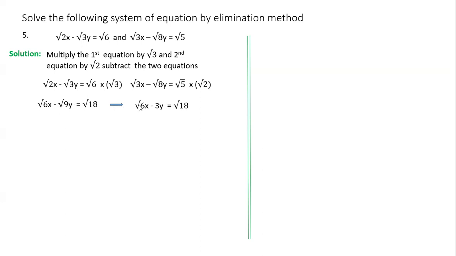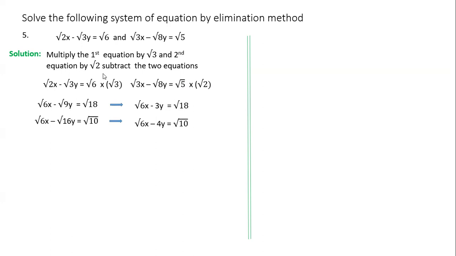So we can write this as root 6x minus 3y is equal to root 18. Let us multiply the second equation. Root 6x minus root 16y is equal to root 10. This could be written as root 6x minus 4y is equal to root 10.